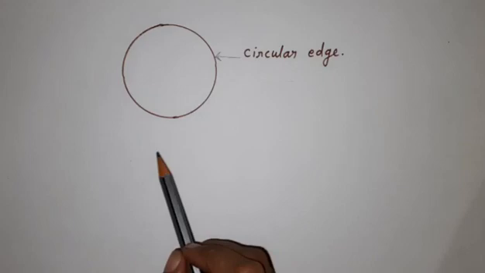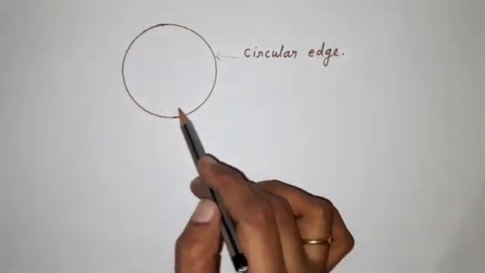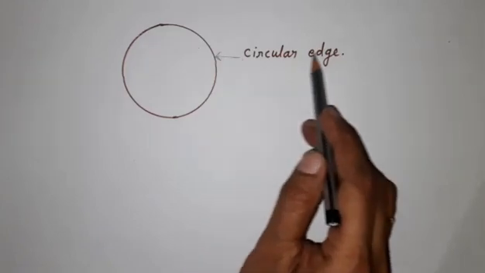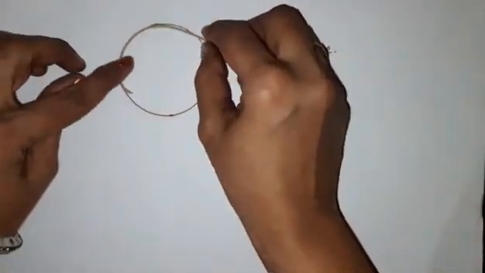Now see this circle. All the points which are on the circle form the circular edge. Now wind a string once around it.